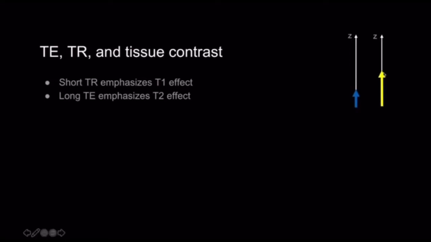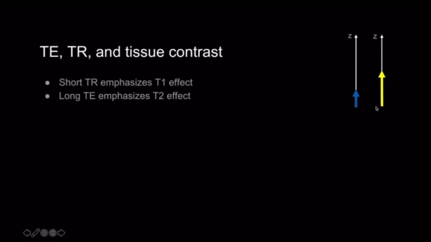If we then applied an RF pulse at this time, the amount of signal that we would detect in water would be very low, and the amount of signal that we detected in fat would be very high, and that would be based on the differences in T1 relaxation between those tissues. So a shorter TR emphasizes that difference in the T1 relaxation effect.